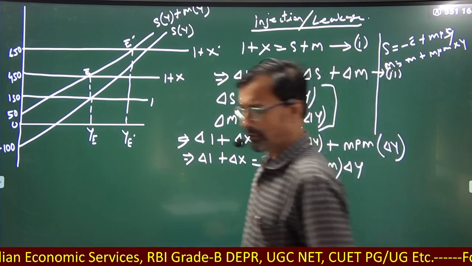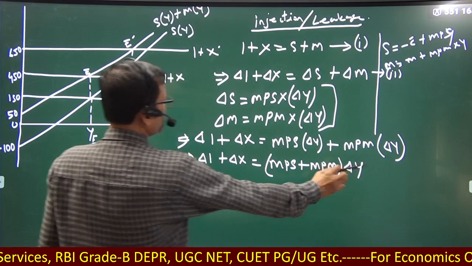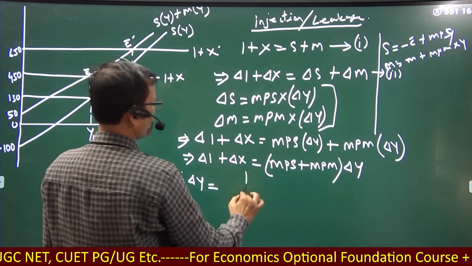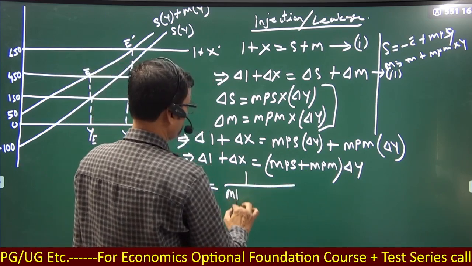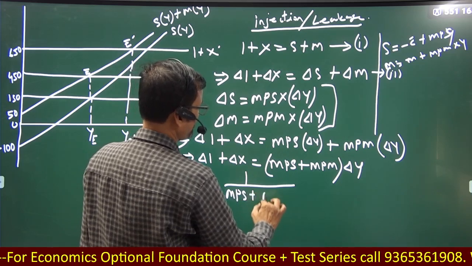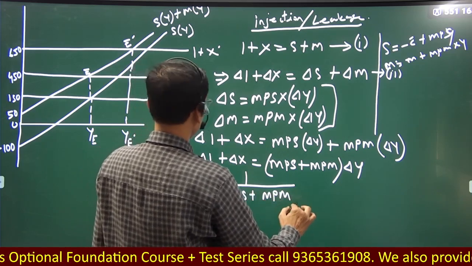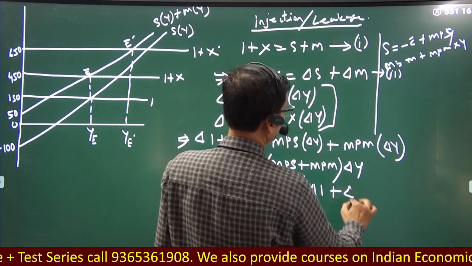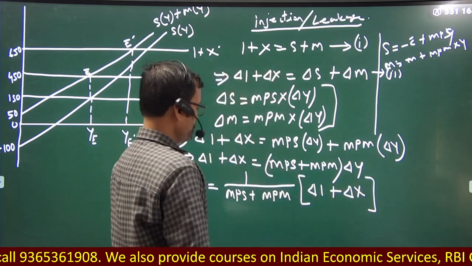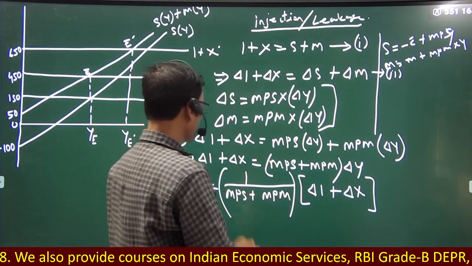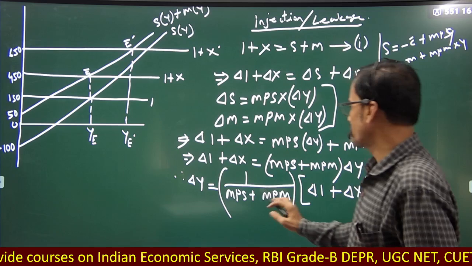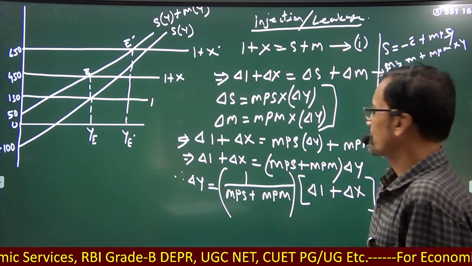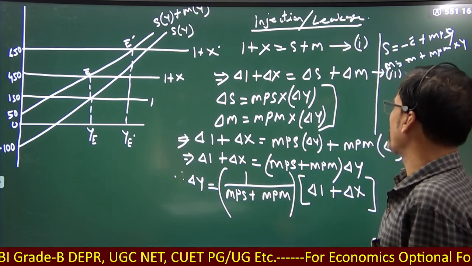So we can find the change in income: delta Y equals 1 by MPS plus MPM, times delta I plus delta X.